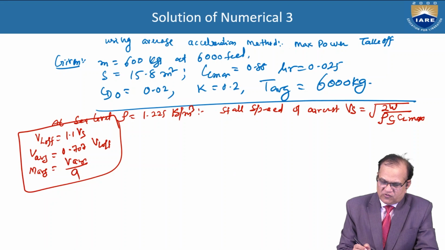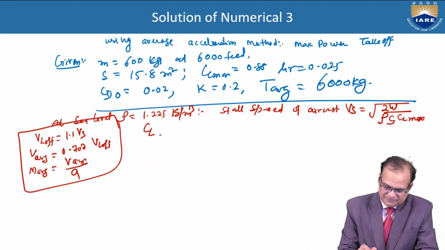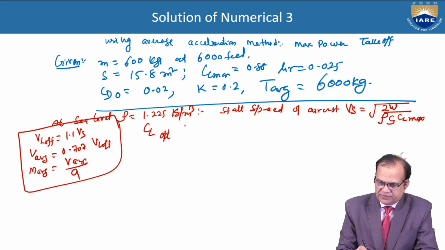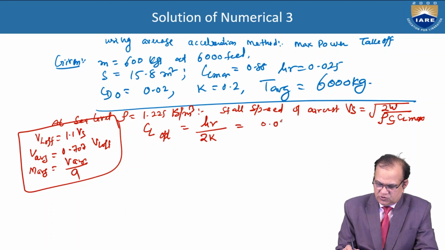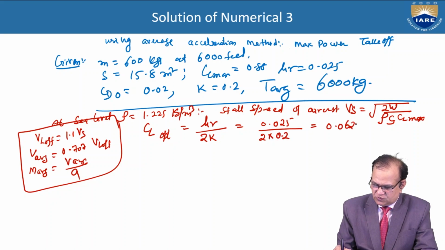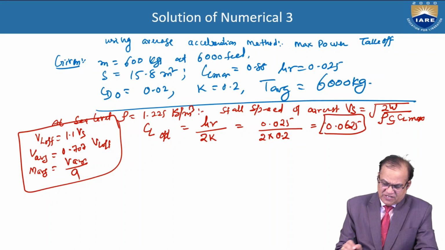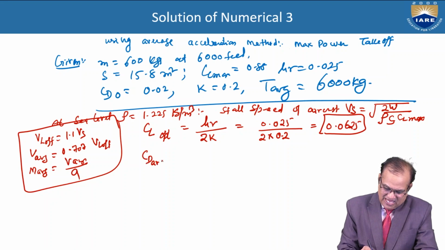So we have to find out first CL opt, that is mu r divided by 2k. Mu r is 0.025, k is 0.2. You will get 0.0625. So this you got CL opt. Because we want to find out the CD average.